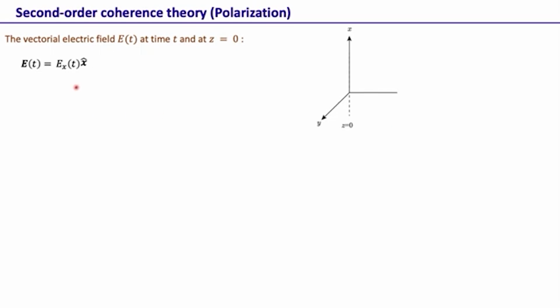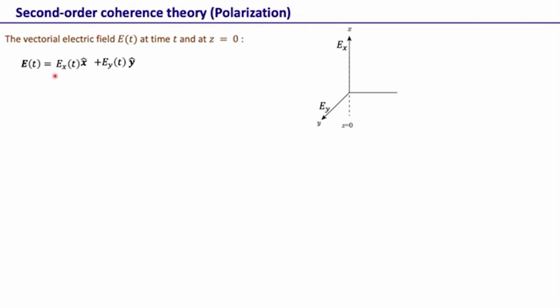So if we write the general electric field, it is of this form. E of t has a component in the x direction, which we call E subscript x of t, and a component in the y direction, which is E subscript y of t. So that's the general two-dimensional vectorial electric field. So far we were basically asking what is the correlation between the field at points t1, t2, ρ1, ρ2 and so on.